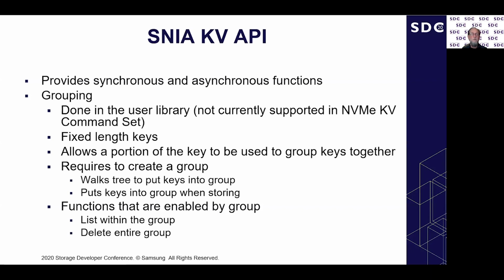So it limits what you can do on the device, but it provides some added functionality that may be worth that limitation. So what grouping does is it allows a portion of the key, in other words, some number of bits, to be used to group keys together.